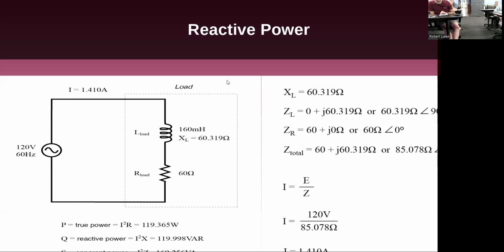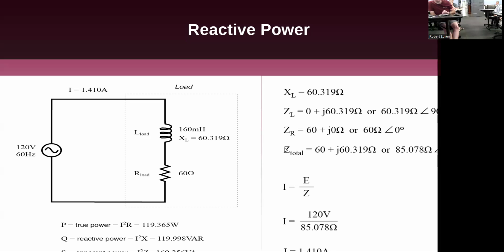In this one, we have a 60 ohm load and a 160 millihenry inductor, which is also 60 ohms at 160 hertz. So that just goes through all the math for that, calculating what the current is and what the phase angle and magnitude would be.